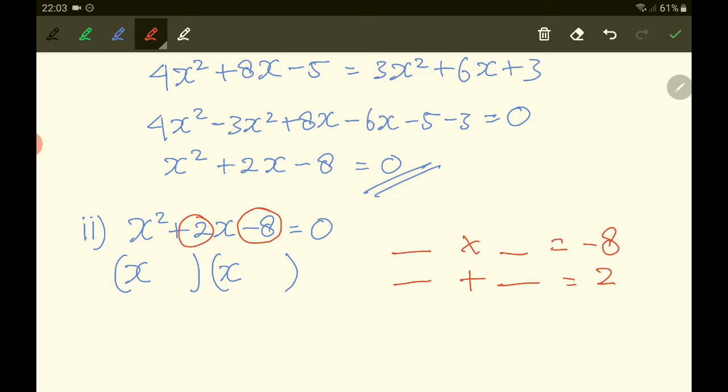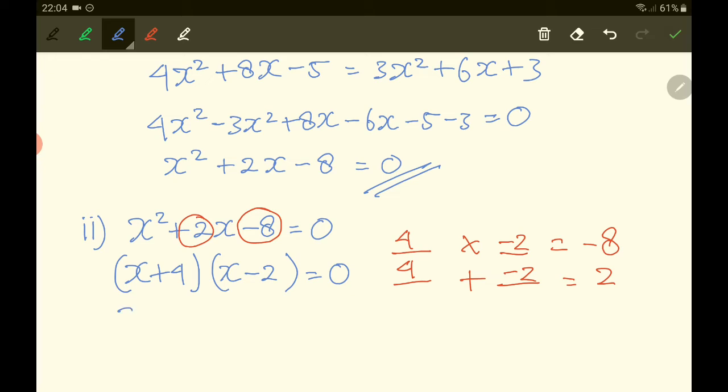I'm thinking about 4 and minus 2. So 4 times minus 2 is minus 8, and if we add 4 plus minus 2, we get 2. So this is the answer. So we get x plus 4 and x minus 2, equal to 0.